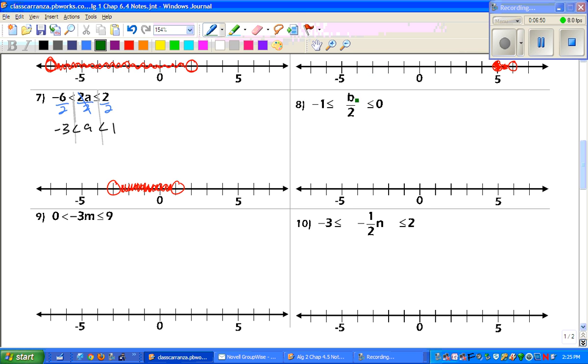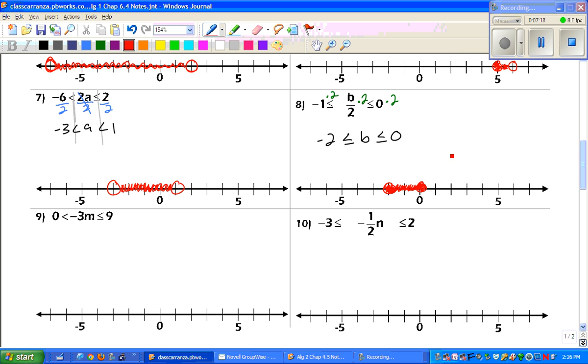All right, number 8. It's b divided by 2. To get rid of division, you have to multiply. So you should get -2 less than or equal to b less than or equal to 0. At -2, we're closed. And at 0, we're closed.